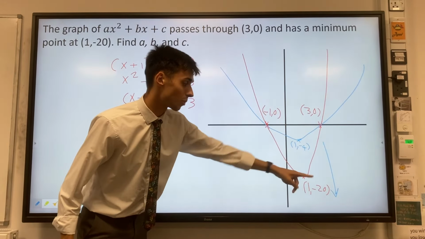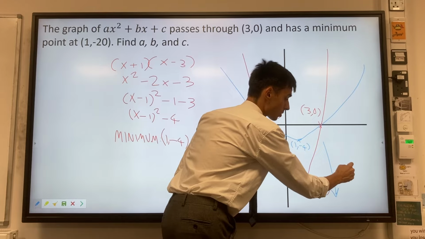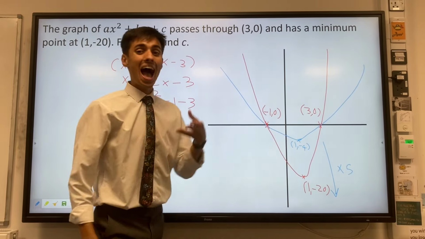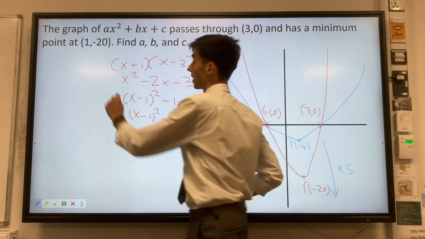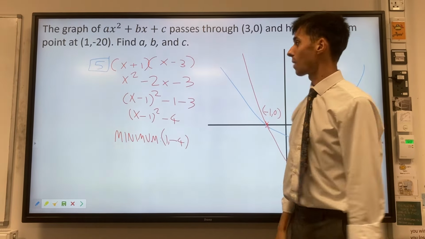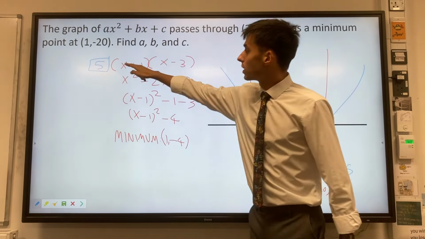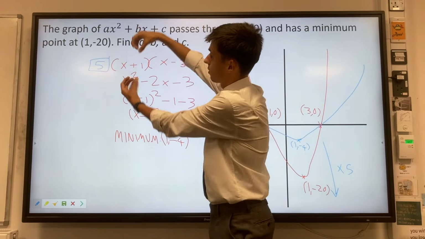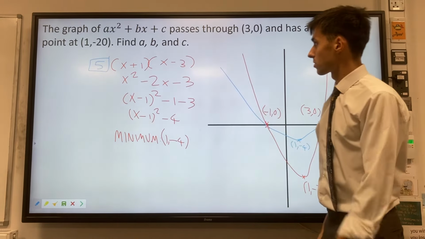Let's go from minus 4 to minus 20. So multiplied by 5. And that means we'd have to put a 5 in front of our double brackets. We've got these roots, so everything needs to be stretched out by 5 times.